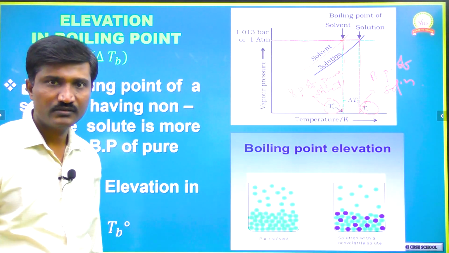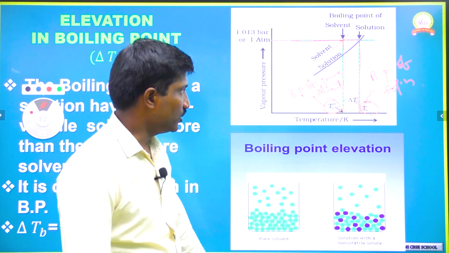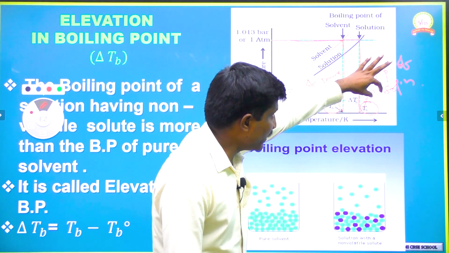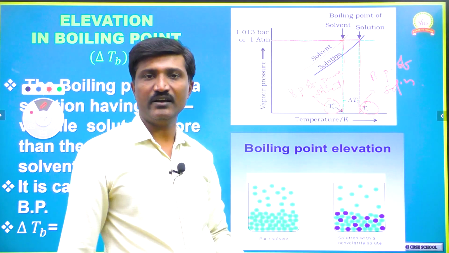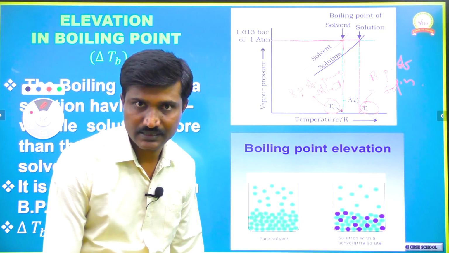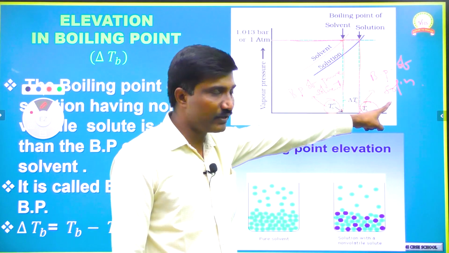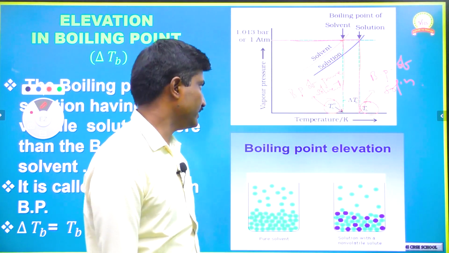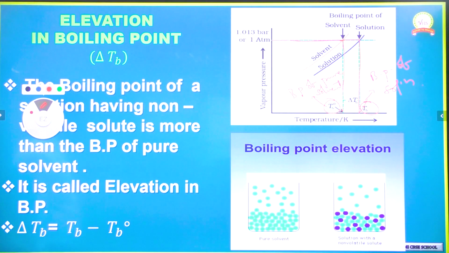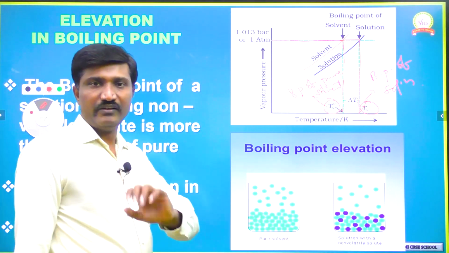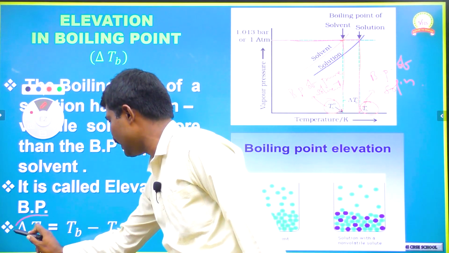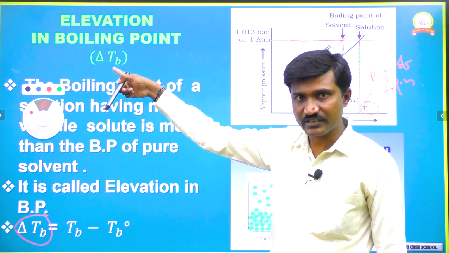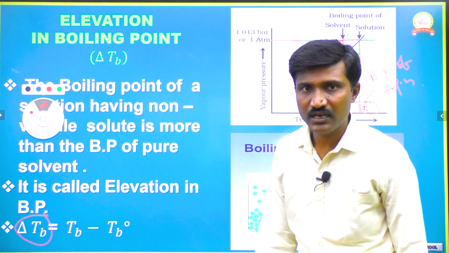The difference between the boiling point of solution and the boiling point of pure solvent is called elevation in boiling point. That elevation in boiling point we are representing with delta TB.